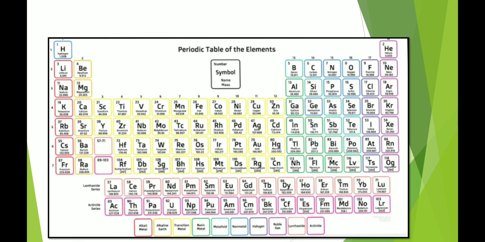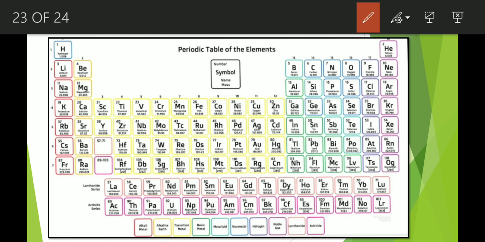Now, another thing which is very important for board exams, especially for ICSE, you have to remember the first 20 elements of the periodic table, that means from hydrogen to calcium. You need to memorize these because this will not only help in this chapter, but also in a chapter known as chemical bonding.